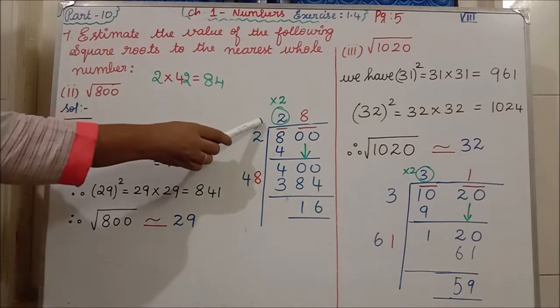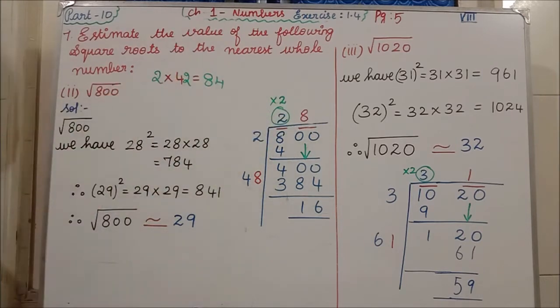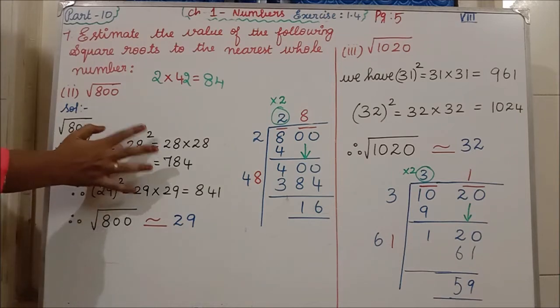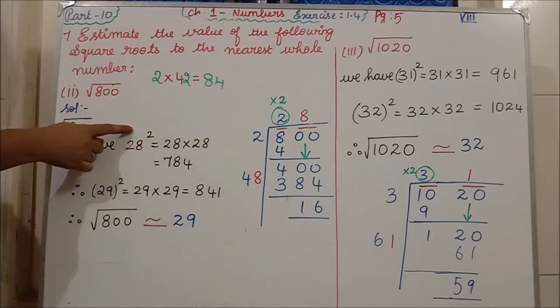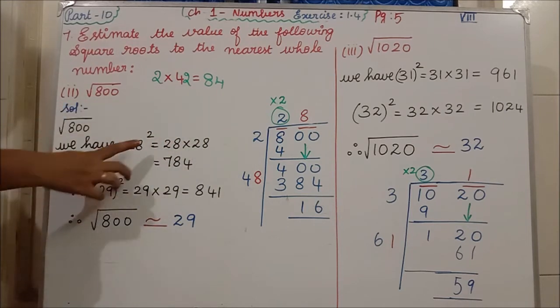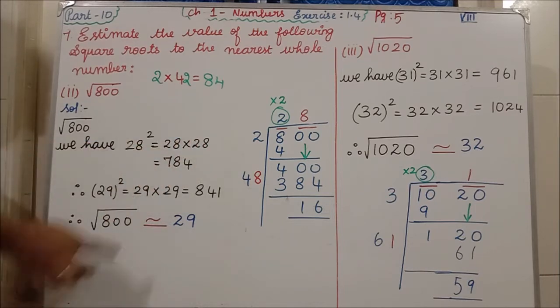Clear? Now you see what number we are having in the quotient. We are having 28. Okay, so now we take 28 square. 28 square means what? 28 into 28. When you multiply 28 into 28, I get 784.